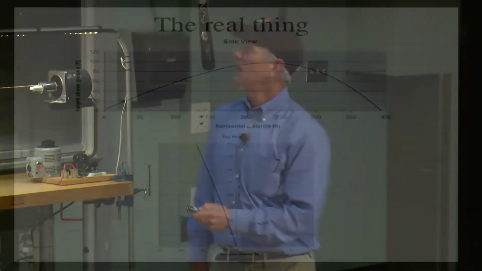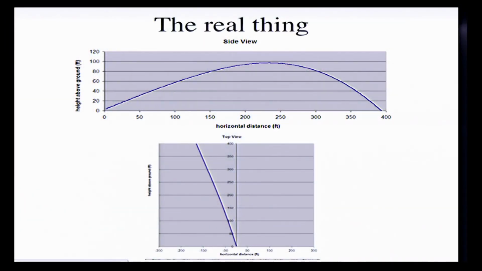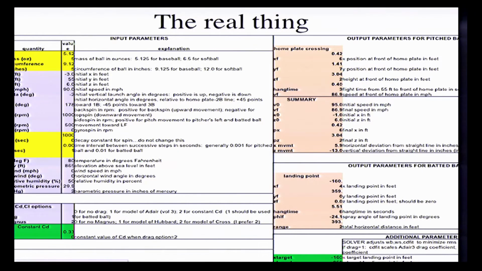Okay? So here's what a real trajectory for that 100-mile-an-hour ball looks like. Instead of looking like this and going out to 600 feet, they typically go, 400's actually pretty good. There's a spin on the ball, usually, that's not just vertical, so you can see if an outfielder were running for this ball, the ball would keep, as they sometimes say, tailing away from him or her. What a drag. There are ways to calculate this.